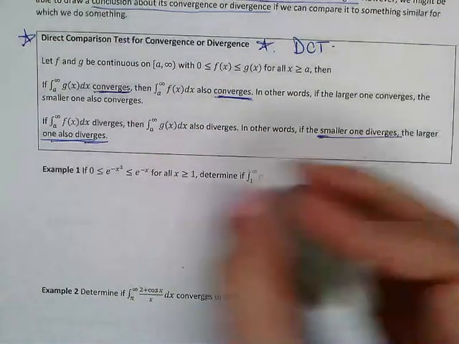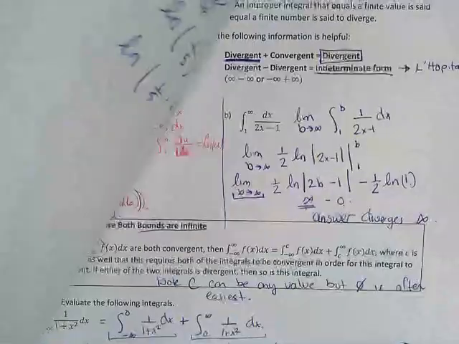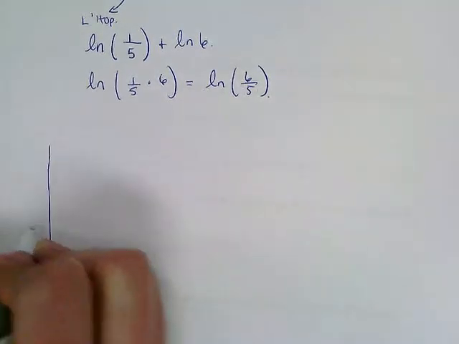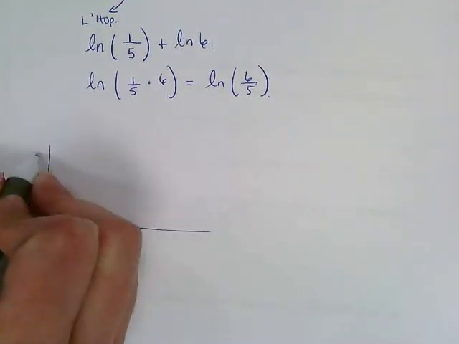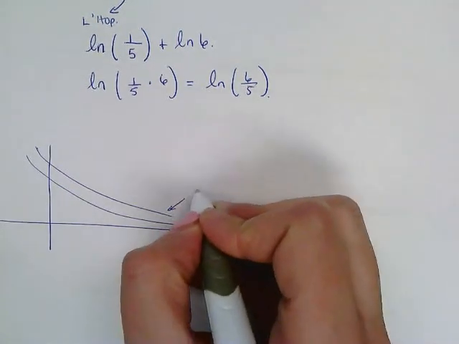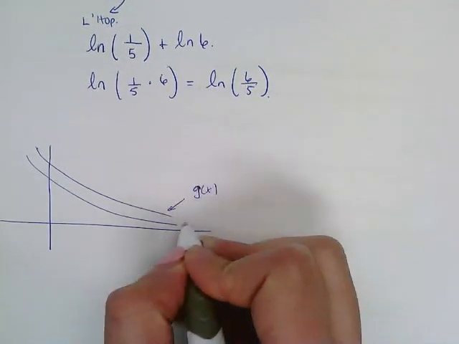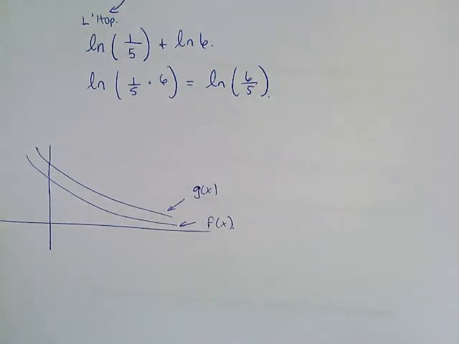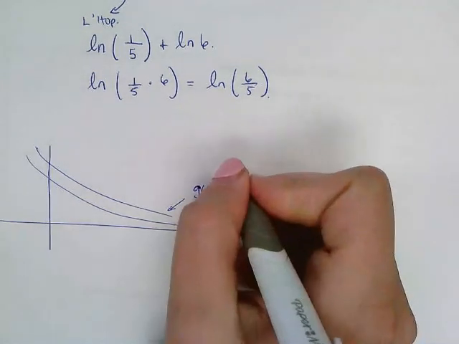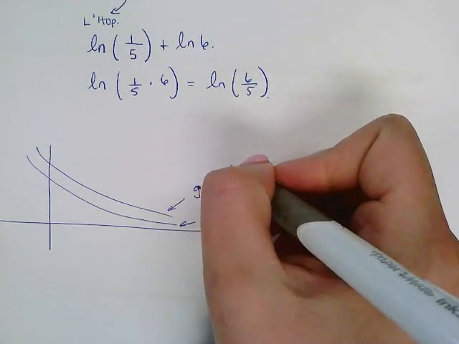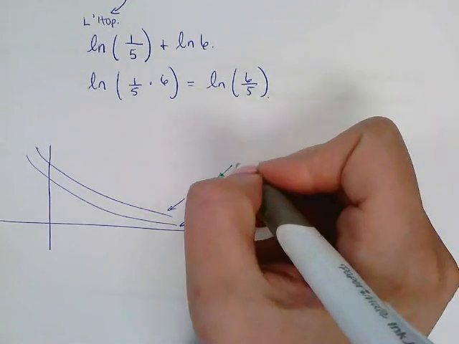So just to draw a quick little graph, I'm going to do this on the back side. Here's the idea. If you have two functions, let's call this one g of x, and this one, let's call it f of x. So this guy right here is the larger function.